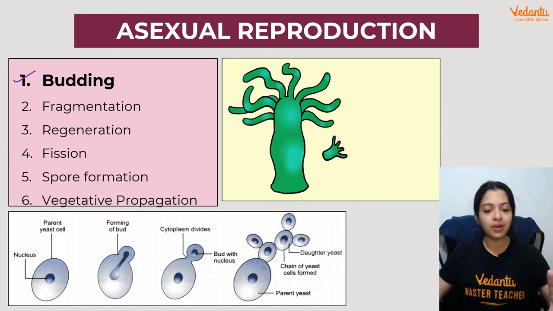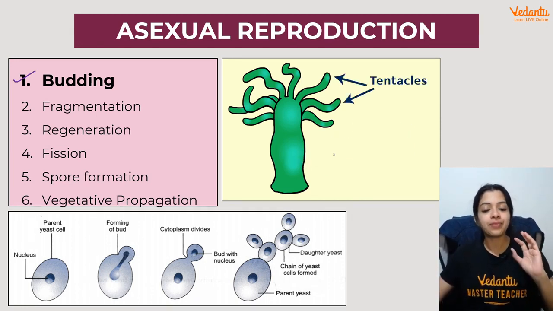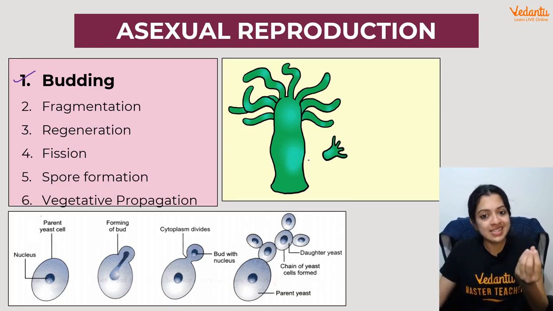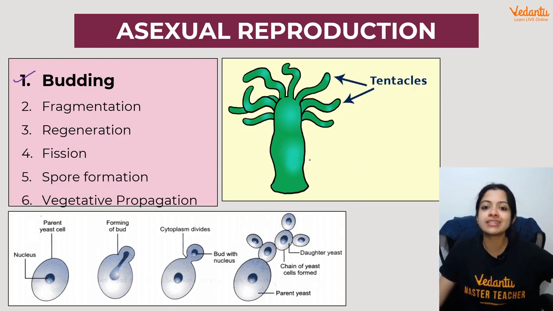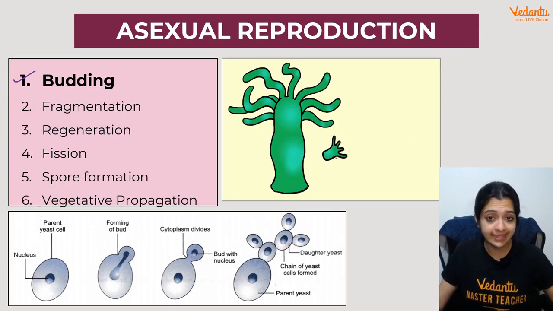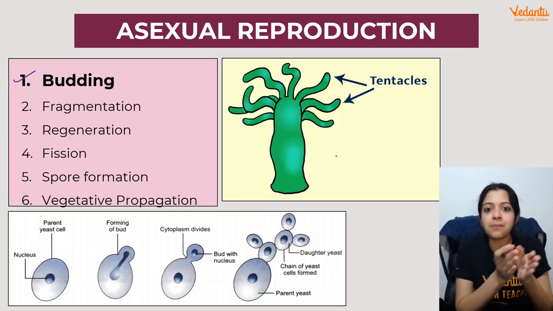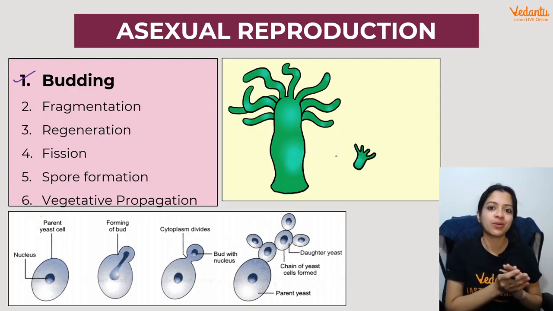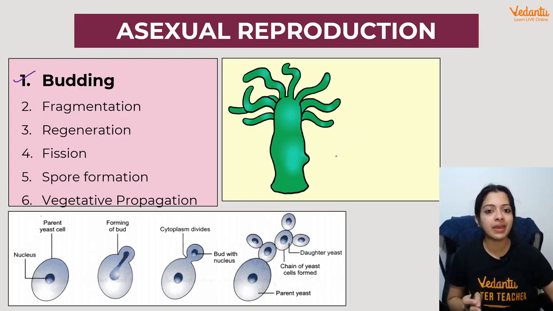In the process of budding, a group of cells from the parent organism just grows and grows and grows. It continuously divides to form a structure called the bud. And that bud looks like a miniature baby, right? A miniature version of the parent organism, but still attached to the parent.